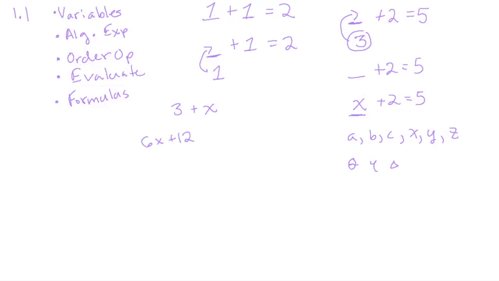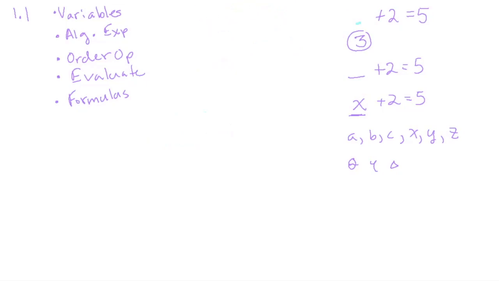If I said 6x plus 12 equals 15, that is no longer an expression. This mathematical sentence is what we call an equation because the equal sign is now here. So an expression is something like 3 plus x, while an equation, which we'll get to later, has an equal sign in it. That's the main difference.